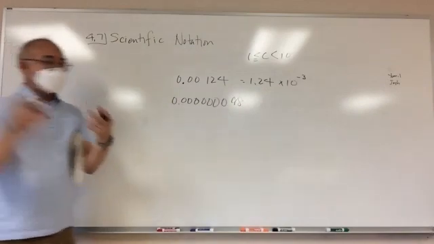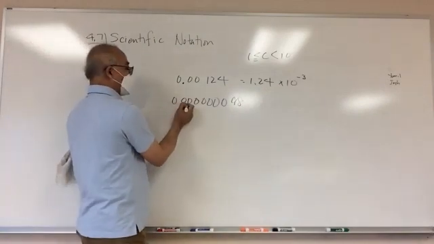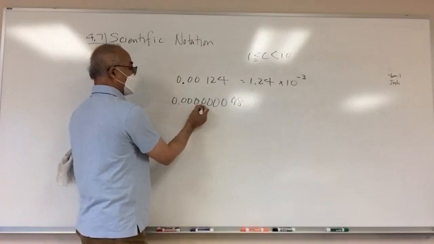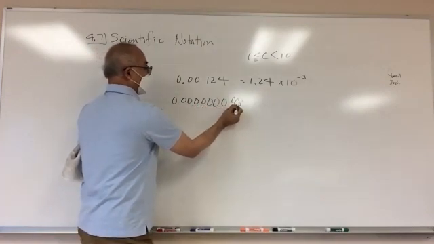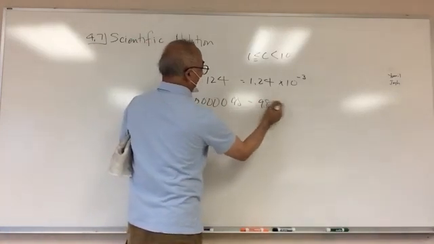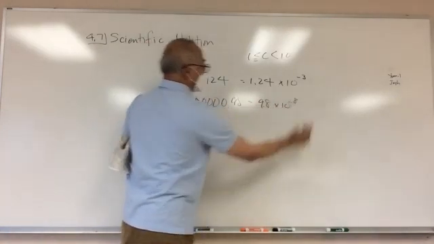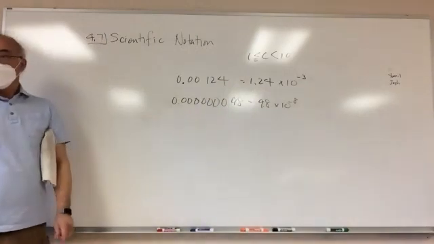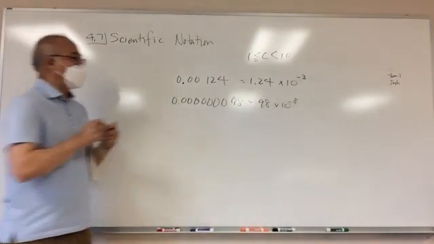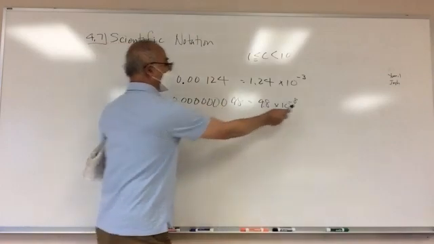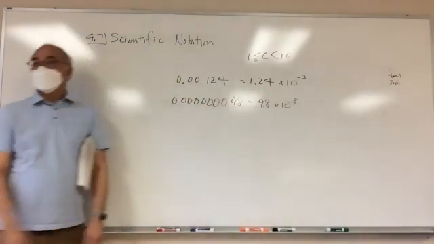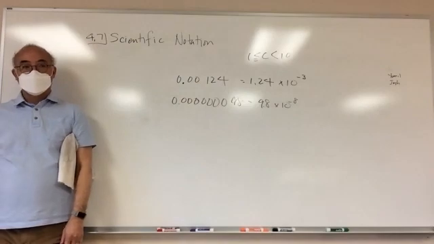The proper way to do it would be from here, count 1, 2, 3, 4, 5, 6, 7, 8. Right? 9.8 times 10 to the negative 8. Or I can count the number of zeros. 1, 2, 3, 4, 5, 6, 7, 8. And do that. Right? Works both ways.